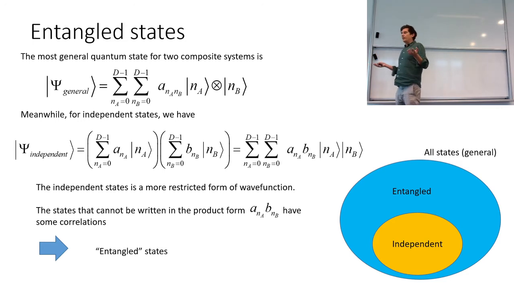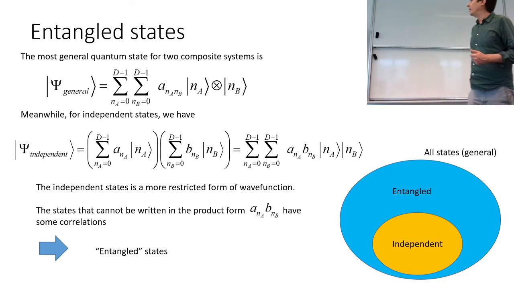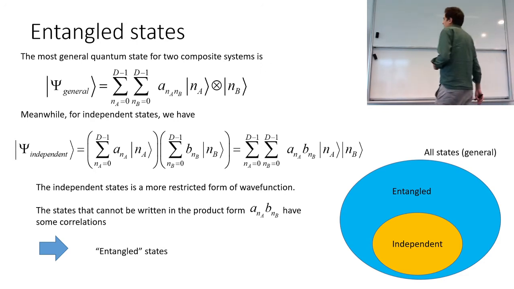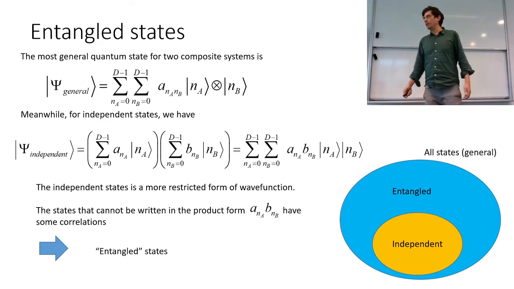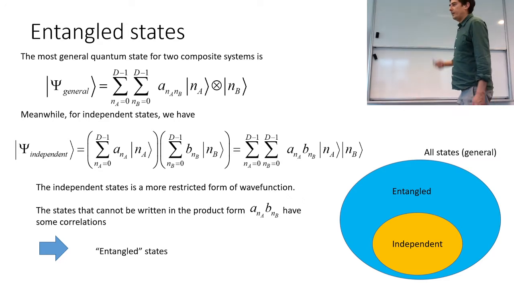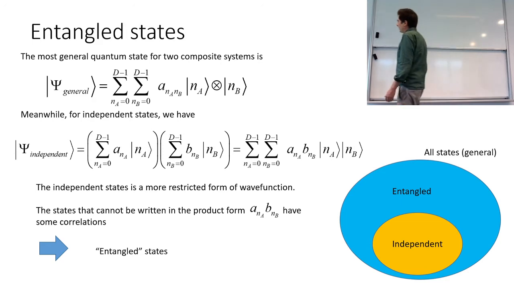So it's like an independent distribution, so they're unrelated to each other essentially. But as soon as they're entangled, there's going to be some correlations between the two systems. And so this property that there's some correlation between them is part of the reason why it's called entangled, but it's actually a bit more than that, as we'll see.